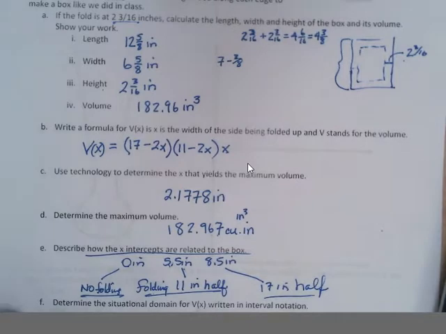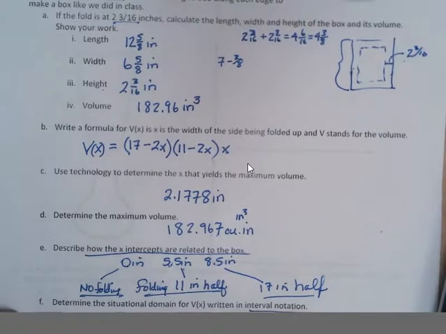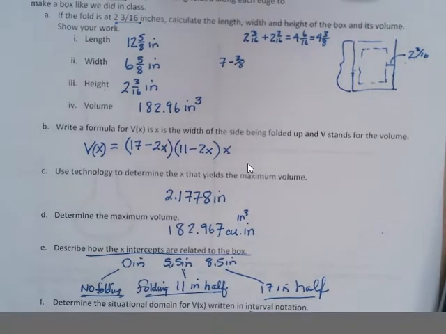So, when we talk about the domain of this, what could x be? Well, if we're going to actually fold a box, we have to be bigger than 0, can't do 0, and in interval notation, up to 5.5 we could go, but we wouldn't want to go all the way to 5.5 because then we wouldn't have a box. There'd be no bottom. It'd be 0.